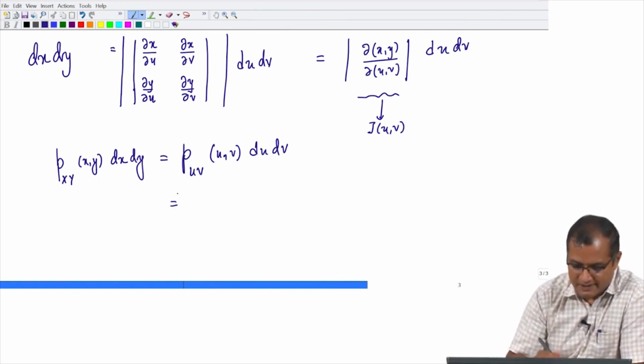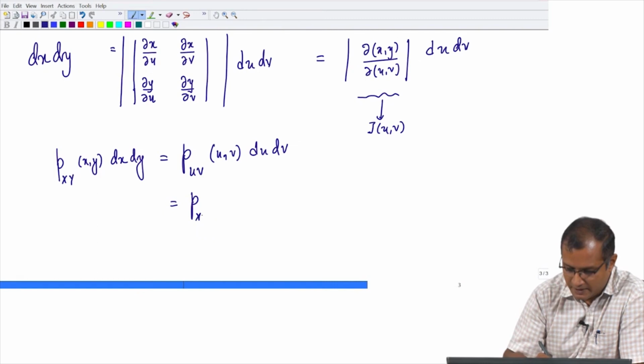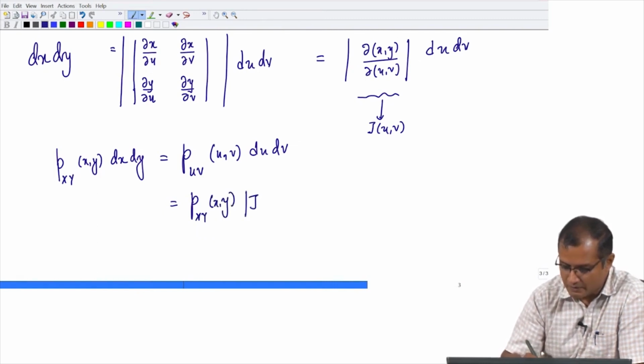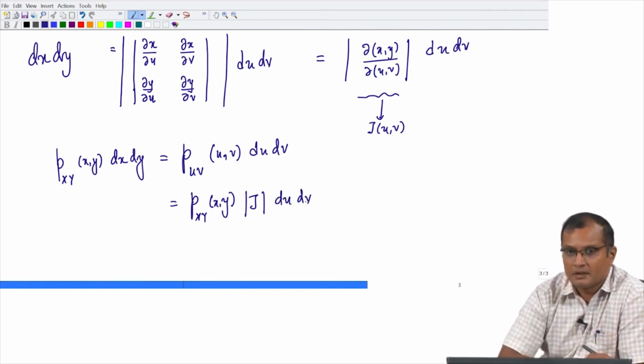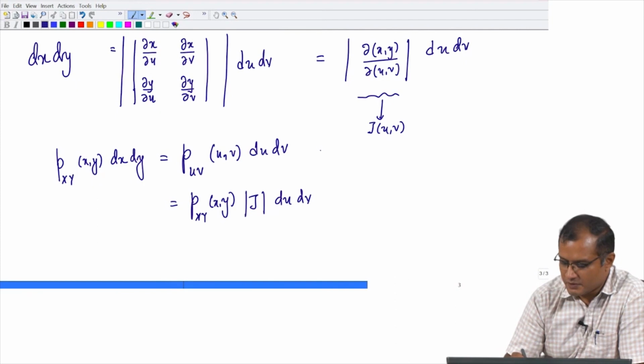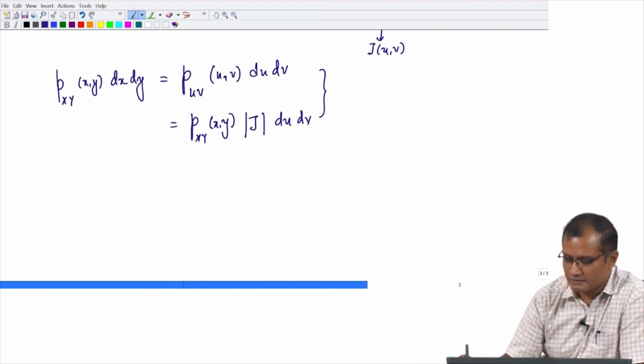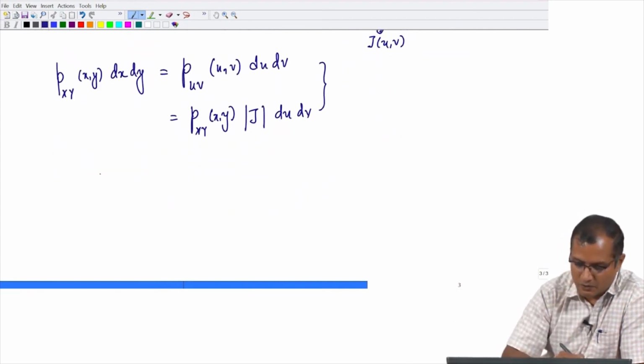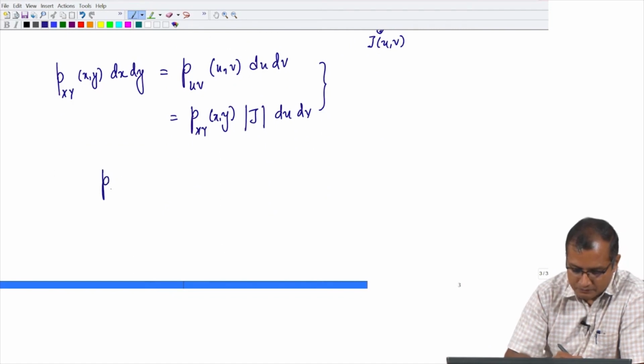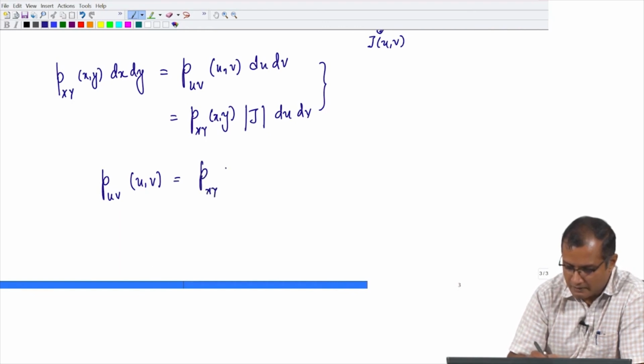But I know the left hand side can also be written as p x y times the Jacobian into du dv. So, if I compare these two sides, okay, I can come to conclusion that p u v is nothing but p of x y into the Jacobian.